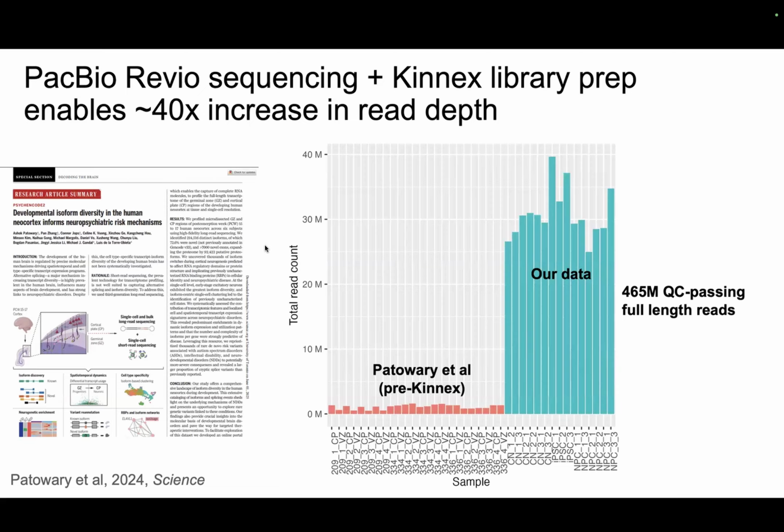In total, we have 465 million QC-passing reads, between 25 to 40 million QC-passing reads per sample. We're really excited about this data. We think we might have collected among the deepest long-read RNA-seq data sets to date. Liz can confirm that maybe at the end of this talk.